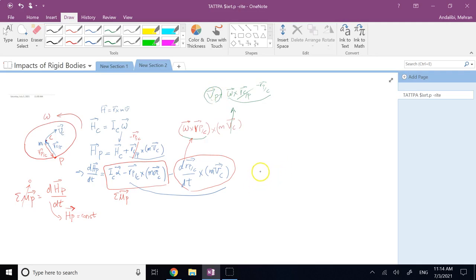Now, in some applications, you can easily say that. For example, if you have a wall and you're throwing something at the wall, or there was another example in the textbook where you had a stationary pendulum and a ball is hitting it, and it asks you to find the omega of the pendulum and V of the centroid after impact.